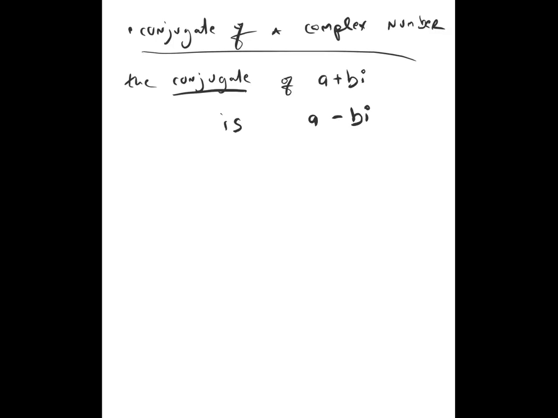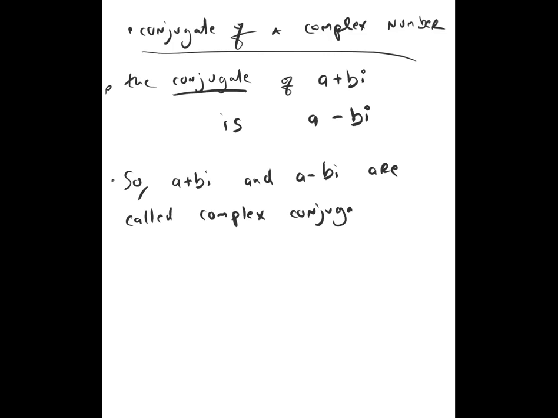So these two complex numbers are called complex conjugates. A plus bi and a minus bi are called complex conjugates.